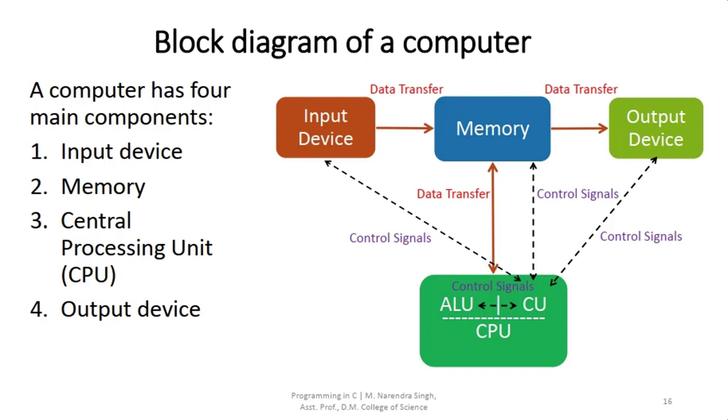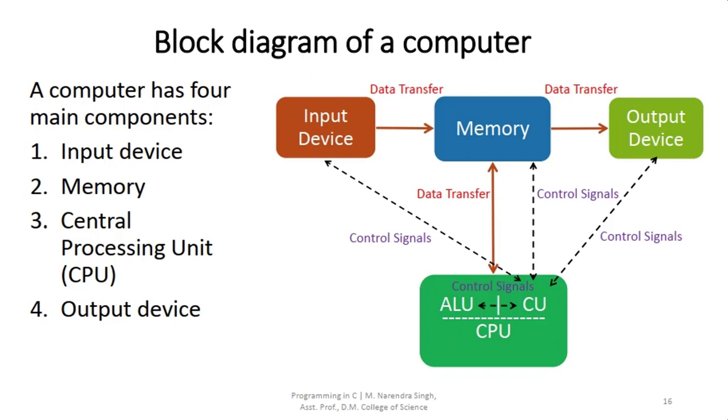If there is any computation to be done, it is done at the ALU. If there is any decision to be made, it is done at the ALU. Then after the computation and decision, the data is transferred to memory. Then from memory, it is transferred to our output device to show on our monitor. That is the transfer of data. It is shown in brown color.